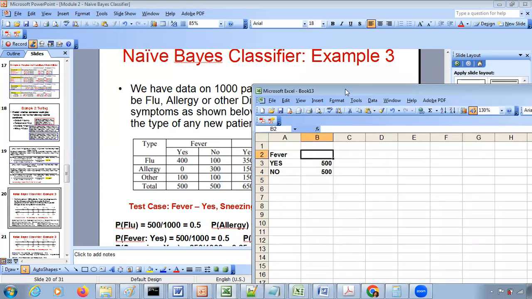So the absolute probabilities are 500 over 1000 had fever, irrespective of the disease, across all the diseases. Similarly, 500 over 1000 had no for fever.